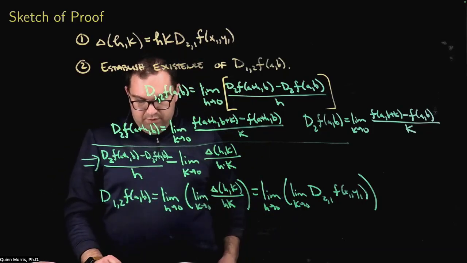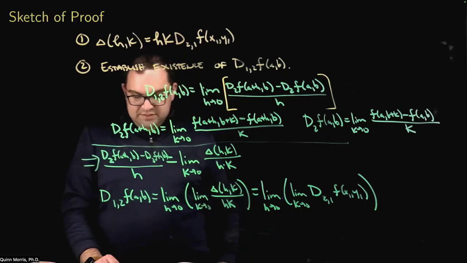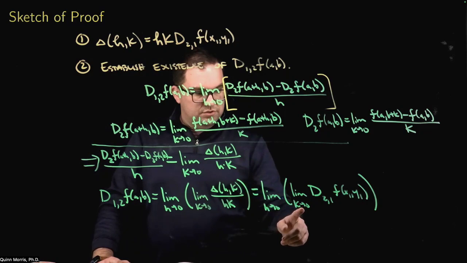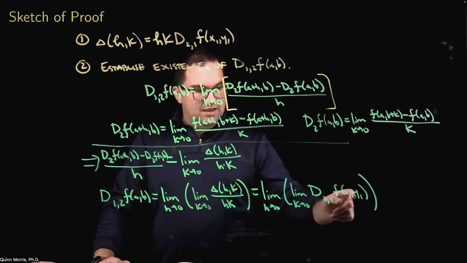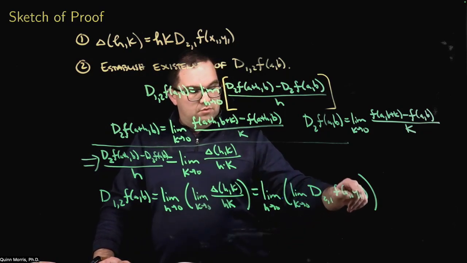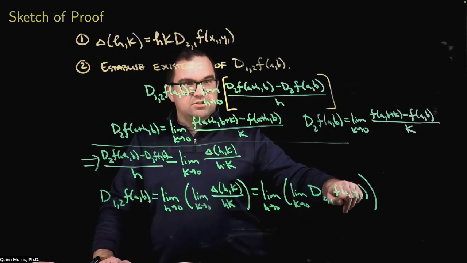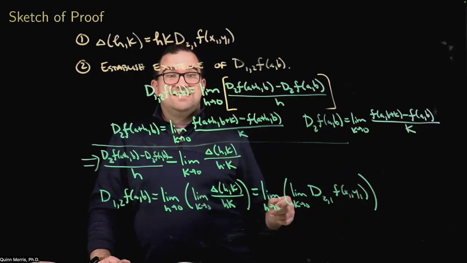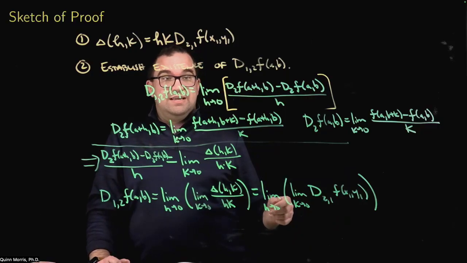Okay. The problem here is that we don't necessarily know that as k goes to 0, this point y is going to move, but x is also going to move. So x is not fixed, nor is x necessarily even approaching any limit.